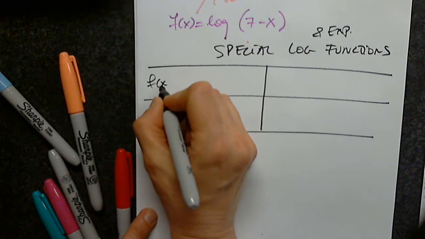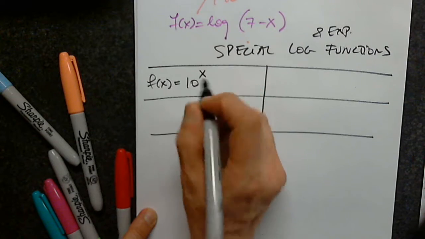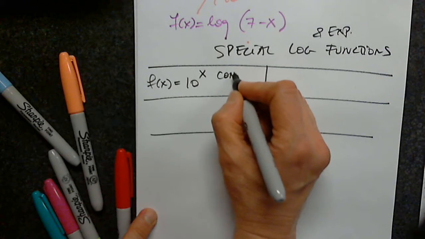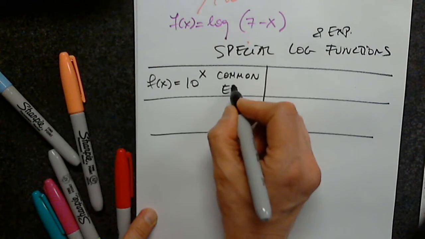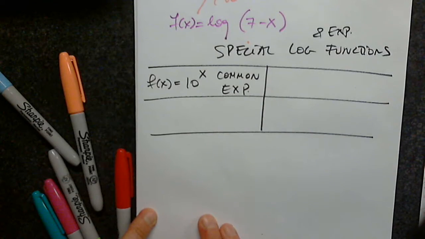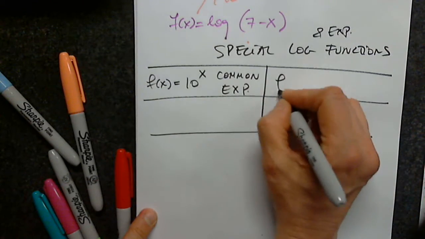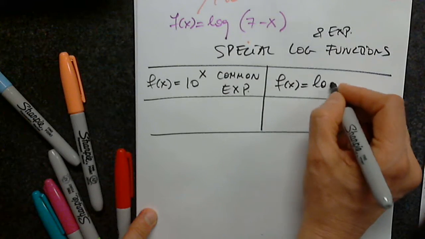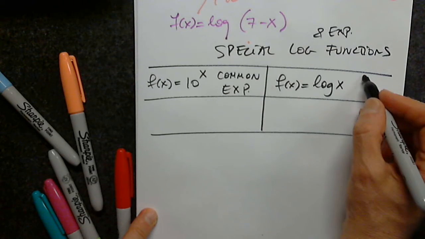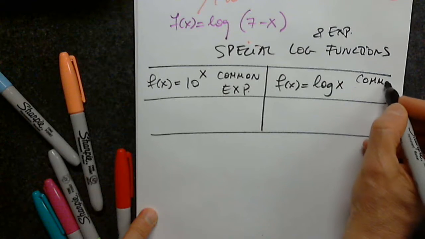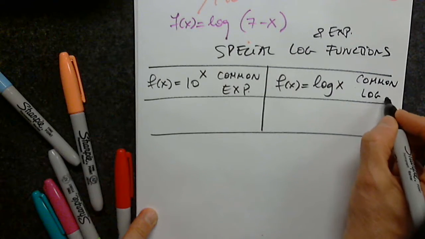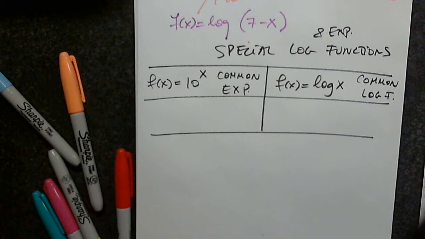So f of x equals 10 to the x is the common exponential function, we wrote that already. Its corresponding inverse function is log of x, the common log function.